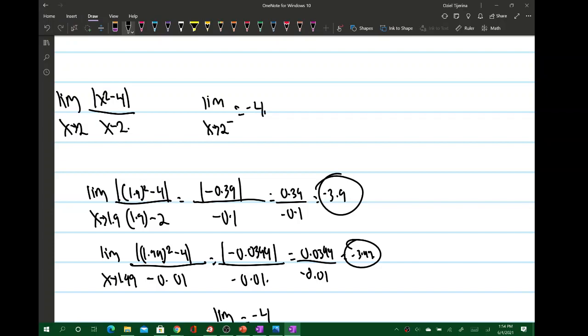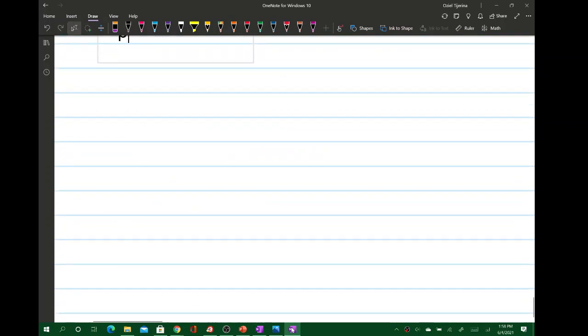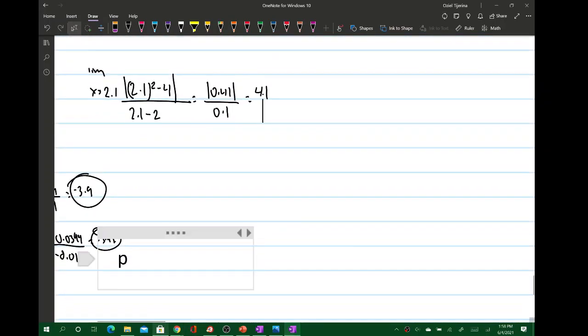Well, this is 2.1, so the limit as x approaches 2.1 of the absolute value of 2.1 squared minus 4 over 2.1 minus 2 will be equal to, let me go ahead and do that in the calculator. Okay, let me just explain this part.